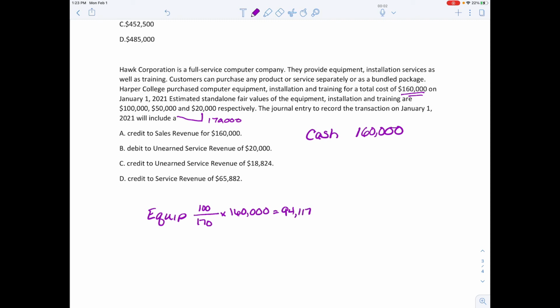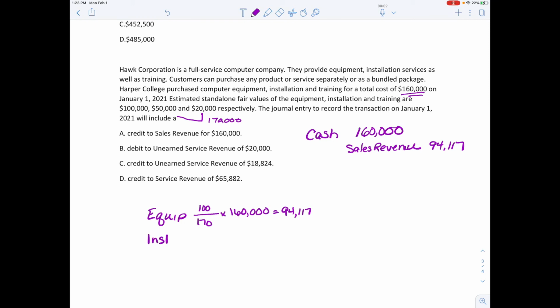Because this is associated with the equipment, I'm going to credit my sales revenue for the $94,117. Now I can look and see if any pieces of this journal entry are actually given. Then I would be able to stop and be done. I don't see those yet, so I'm going to keep going.